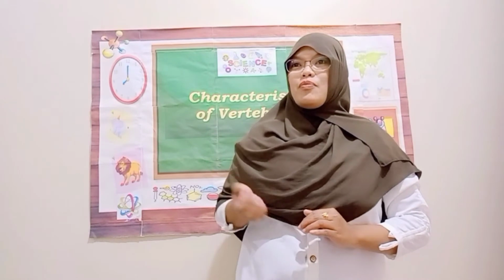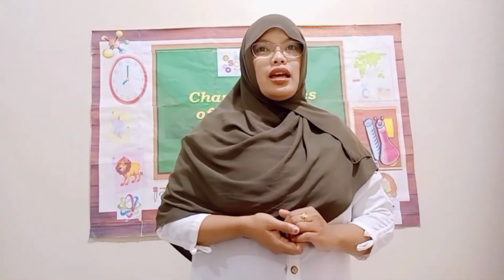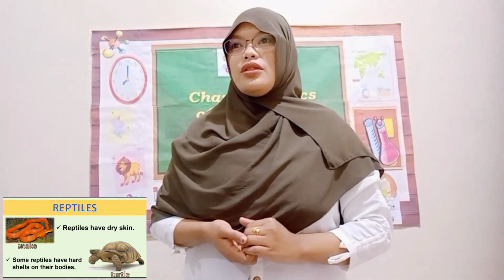Okay, now group 4. We have a picture of turtle and crocodile, which is classified into reptiles. Now, let's talk about reptile. Okay, group 4. Based on your observation, what do reptiles body covering? Yes, they are covered with dry skin and hard skins. Now, where do reptiles live? You're right.